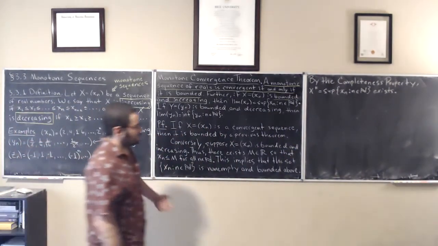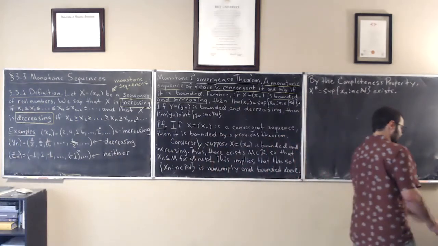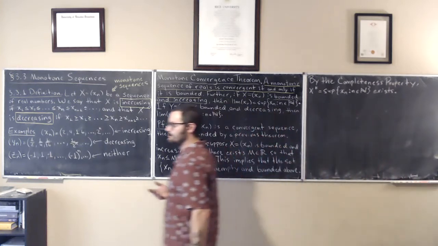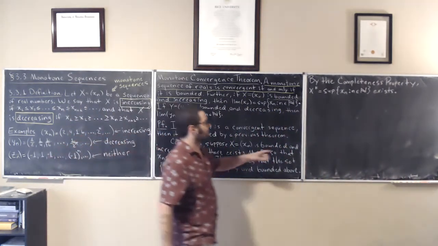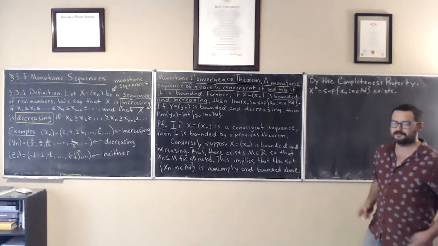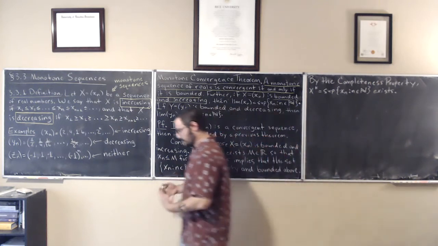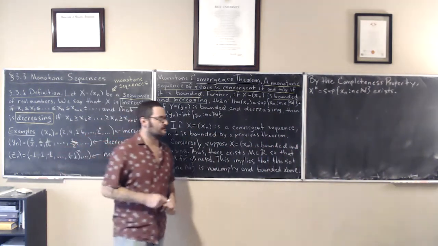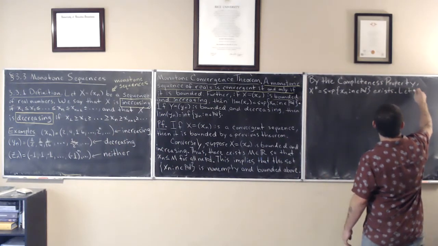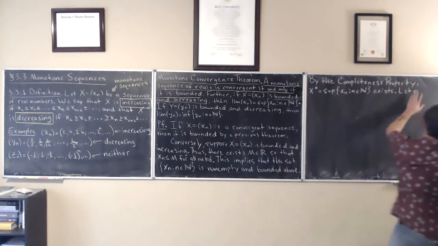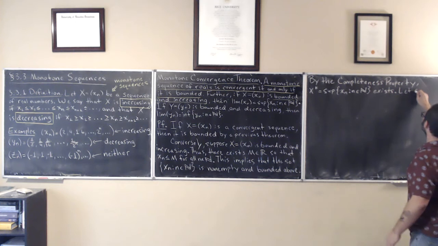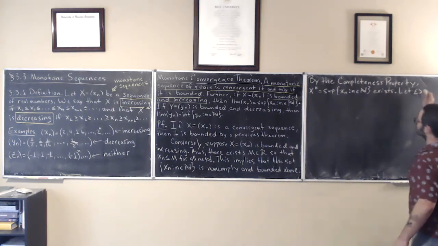Okay? So since this is the supremum of that set of numbers, we know that it's the least upper bound, right? Meaning if we subtract any positive number from this number, that's no longer going to be an upper bound of that set. That's just by the definition of the supremum. So thus, let epsilon be greater than 0.